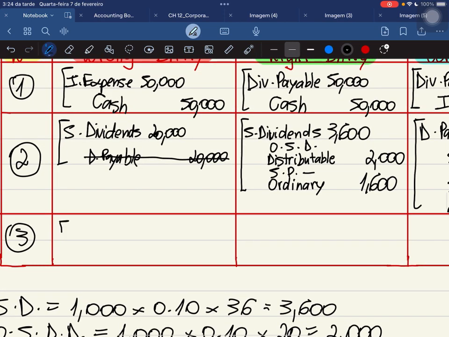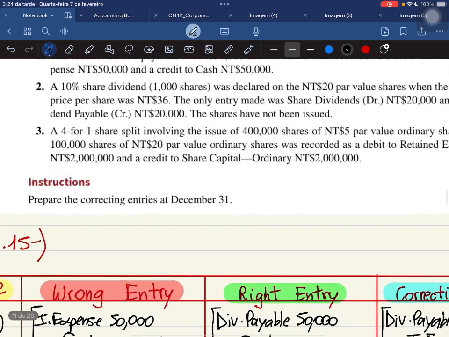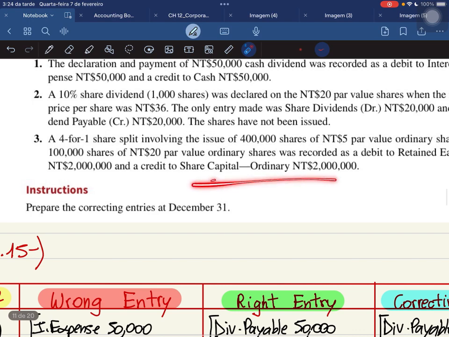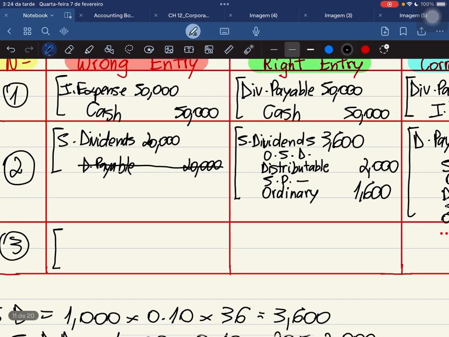Okay, a lot of numbers, a lot of information. Okay, so what did they do? They debited retained earnings 2 million and credited share capital ordinary 2 million. Okay, so let's write them here. Both 2 million.